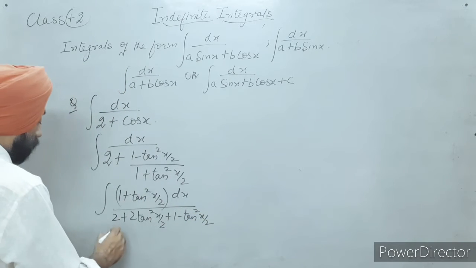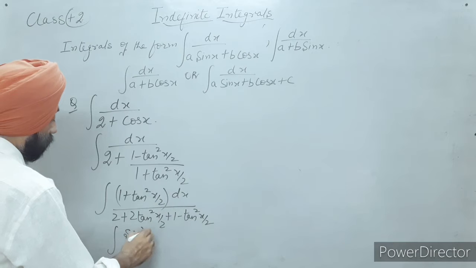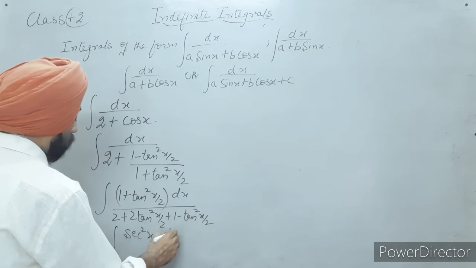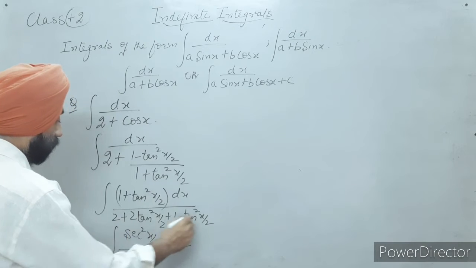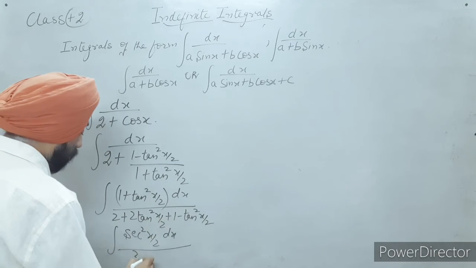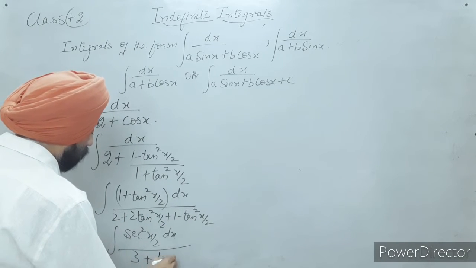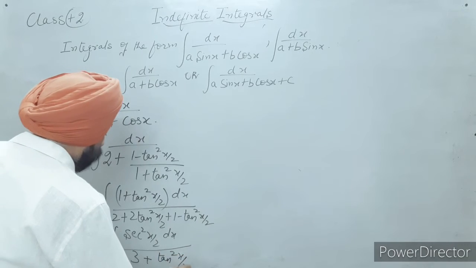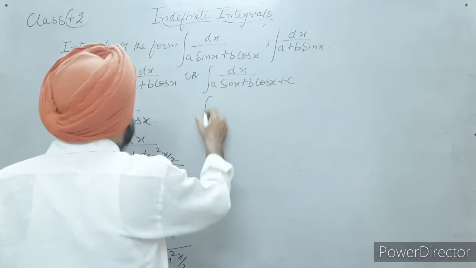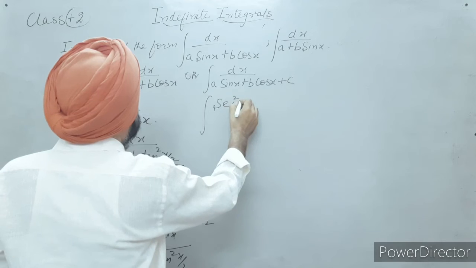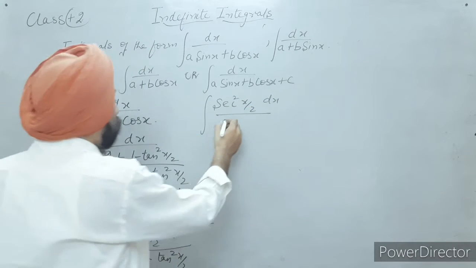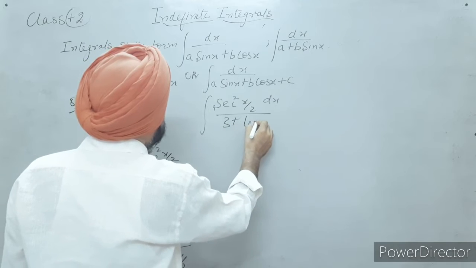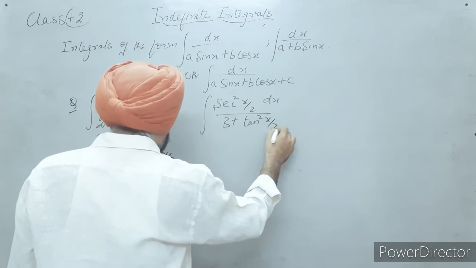This becomes sec square x by 2 dx. 2 plus 1 is 3. 2 tan square minus 1, that is tan square x by 2. I will write this over here: sec square x by 2 dx divided by 3 plus tan square x by 2.